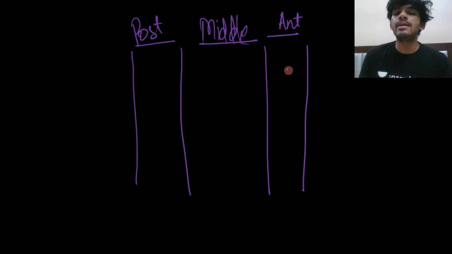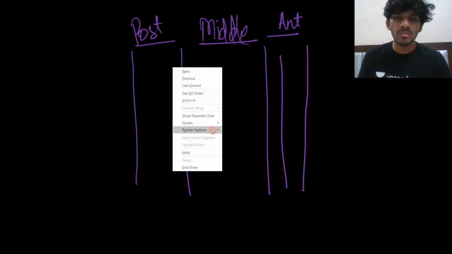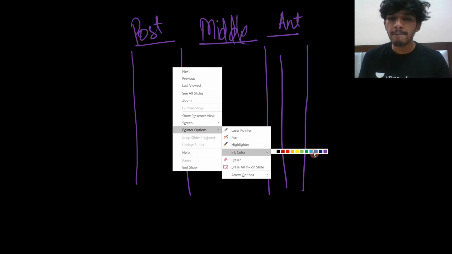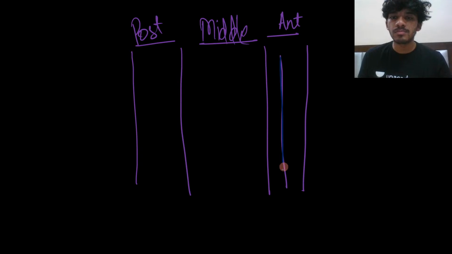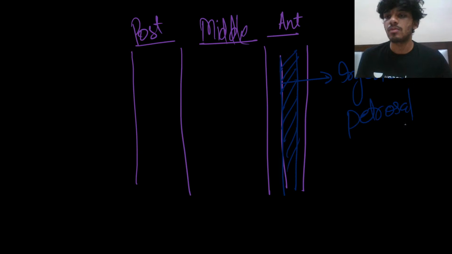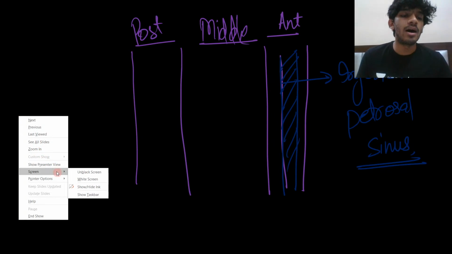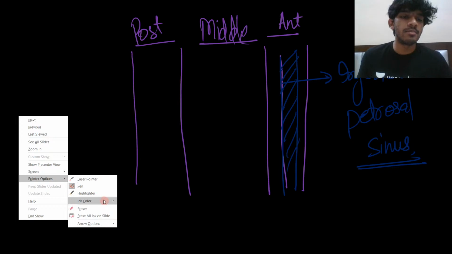So here anteriorly you will have the venous system. What is the vein here? The vein here is known as the inferior petrosal sinus, which is the first tributary of the internal jugular vein, which is formed in the jugular foramen. What will you have posteriorly? Posteriorly, you have an artery known as the posterior meningeal artery.